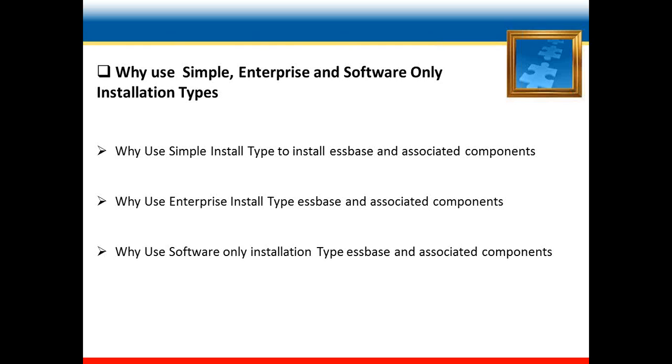For example, to make WebLogic server domain changes before deploying Oracle Business Intelligence into the domain, it is required for enterprise deployment configuration. So these are all about why we use simple, enterprise and software only installation type while installing Essbase suite with Oracle Business Intelligence Enterprise Edition.